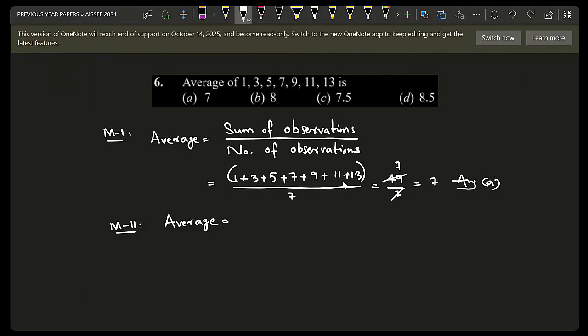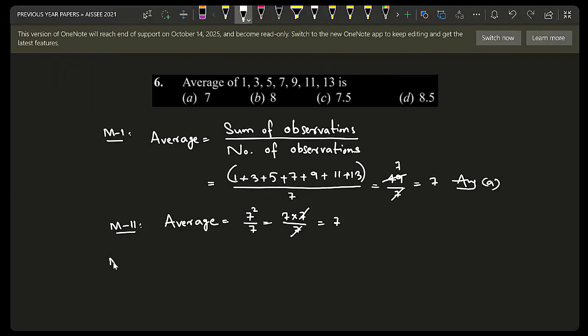We know the formula for the sum of the first n odd numbers. It is n square. Because here 7 odd numbers are there, it is going to be 7 square. So the sum of the first 7 odd numbers is 7 square divided by the number of observations, 7. We can expand 7 square as 7 into 7 divided by 7. 7 and 7 cancel, answer is 7.